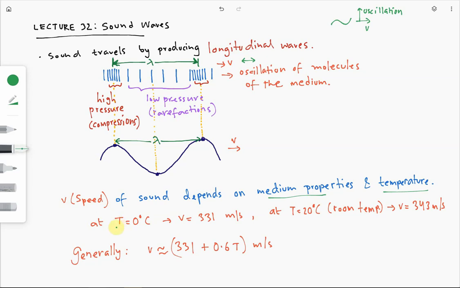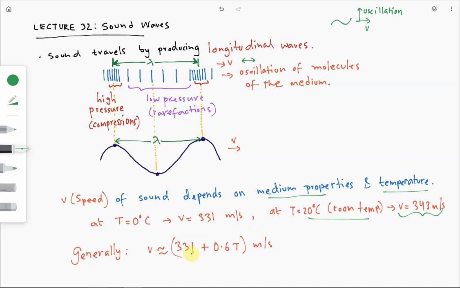For example, at 0 degrees Celsius, the speed is 331 meters per second, while at 20 degrees Celsius, the speed of sound is 343 meters per second. 20 degrees Celsius is usually taken to be room temperature, and if no temperature is stated but you're working with sound waves, usually we choose to work with this speed. 343 meters per second is considered to be the speed of sound because that is the speed at room temperature.